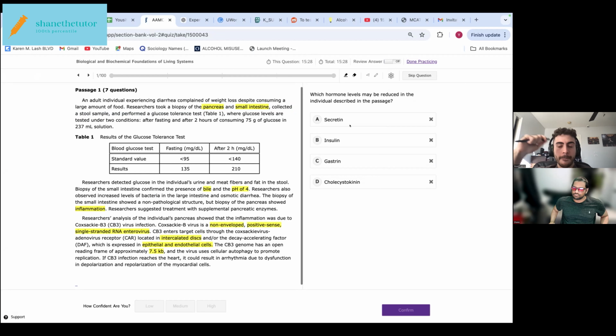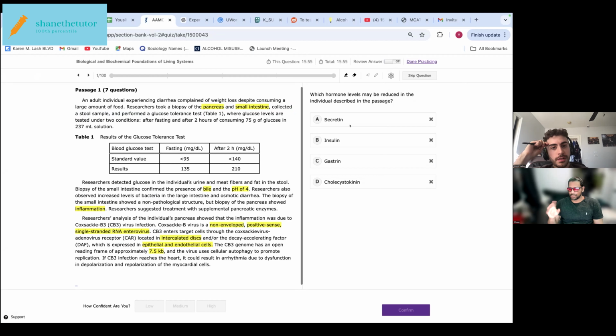Now, if you end up having high blood glucose, what isn't doing its job? Insulin. So their insulin is reduced because you have high blood glucose. Yep. Okay.